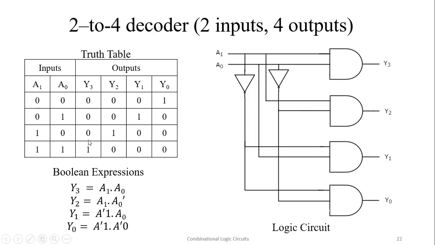For Y1, A1 is 0, so A1 is applied through inverter and A0 is applied directly to Y1, and for Y3 these two are directly applied. So this is the logic circuit for a 2 to 4 line decoder.